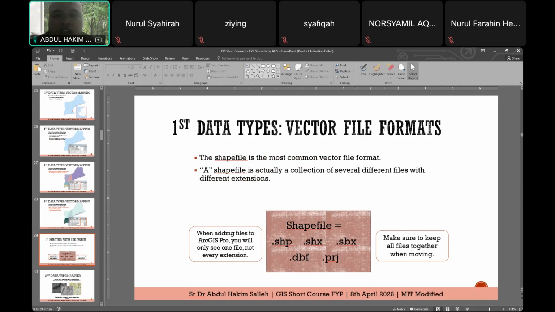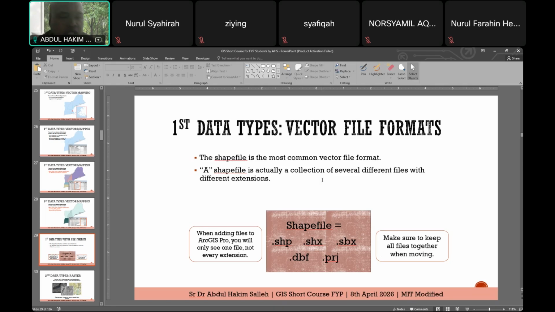Next is the file formats. Okay, vectors usually comprise multiple types of files. Just to produce a shapefile, it requires 5 different types of files. But when they are combined together, they produce a shapefile. It is not like the image that you capture in your phone.